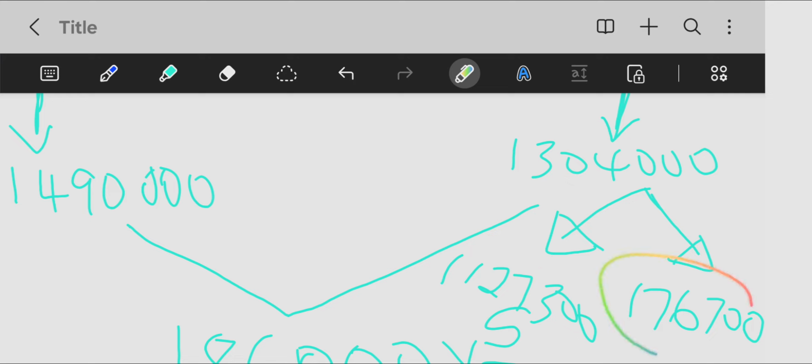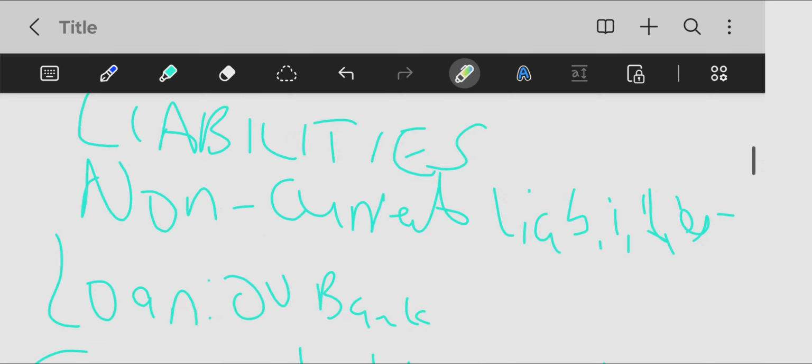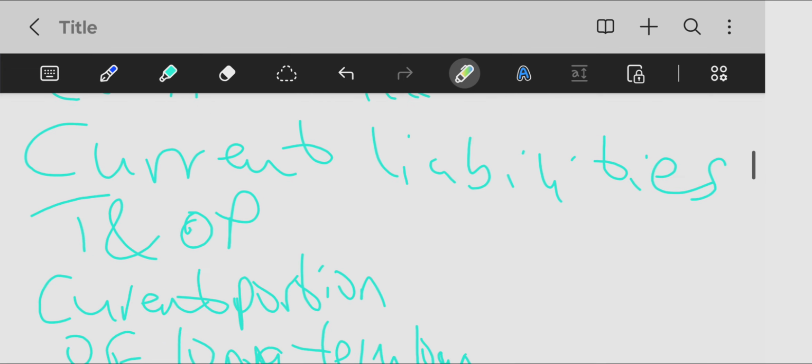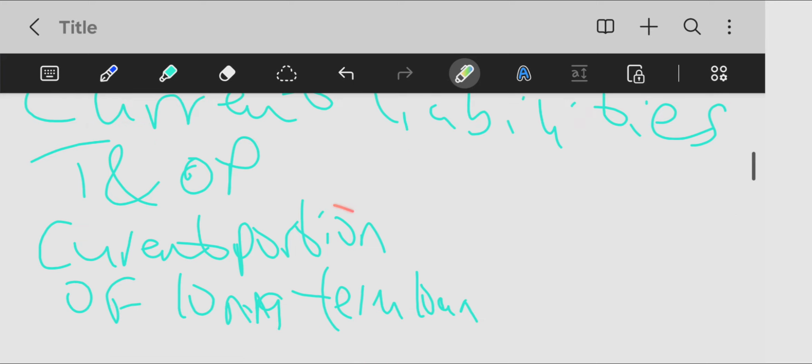This is going to sit on your current liabilities. This is your current liabilities, and you have your current portion of long-term loan, which is 176,700.